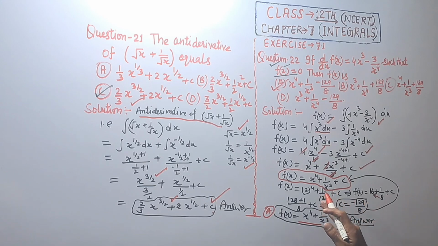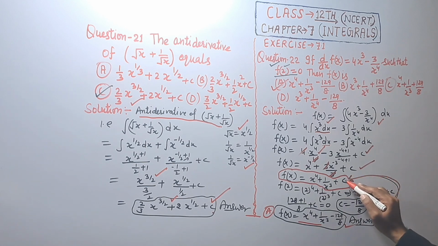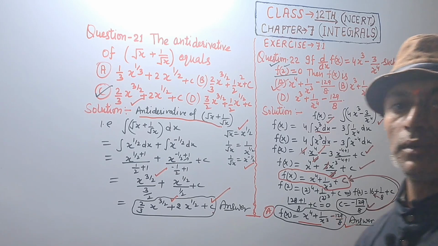And we get the value of c, that is negative 129 upon 8. And we are putting c in f(x). C is equal to minus 129 upon 8. So we get f(x) equal to x raised to power 4 plus 1 upon x raised to power 3 minus 129 upon 8. Answer. Thank you.